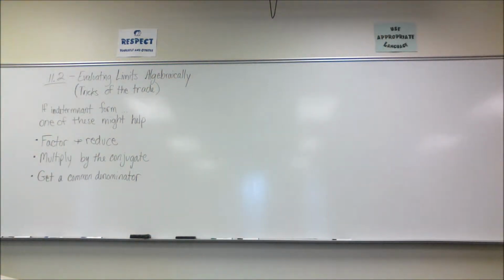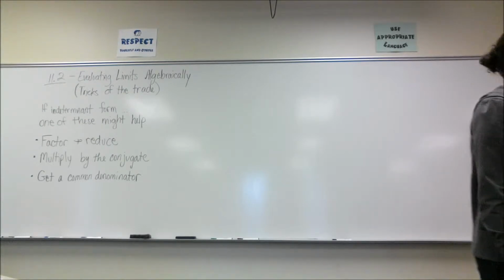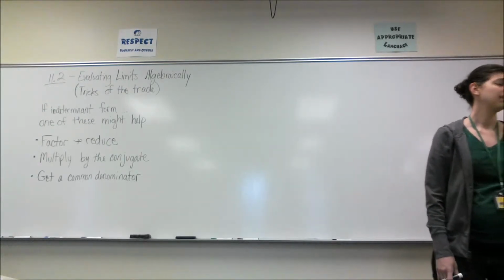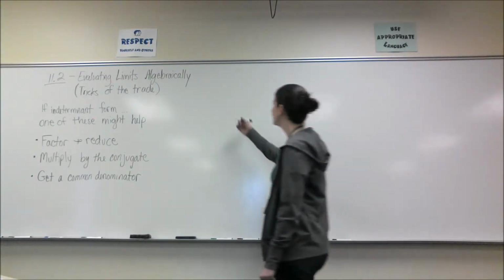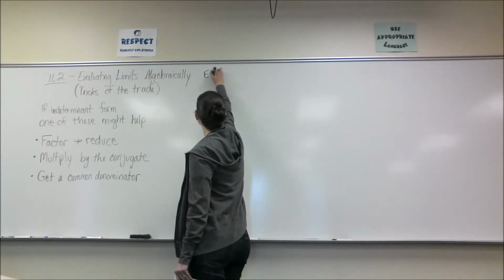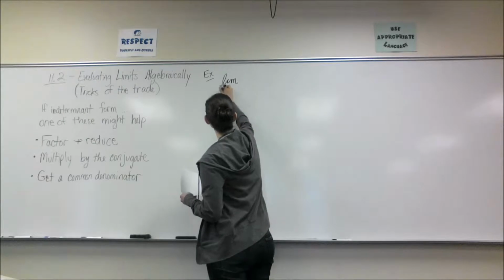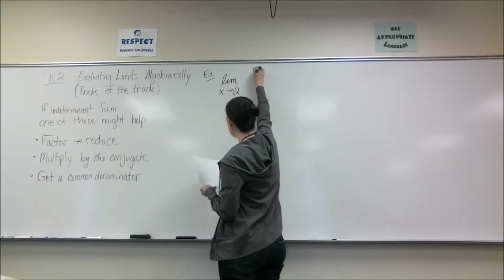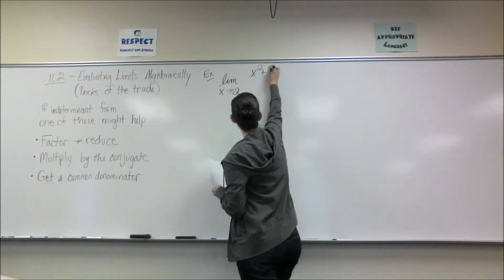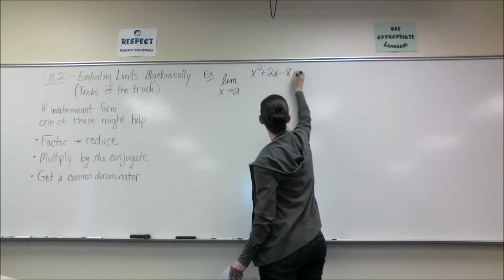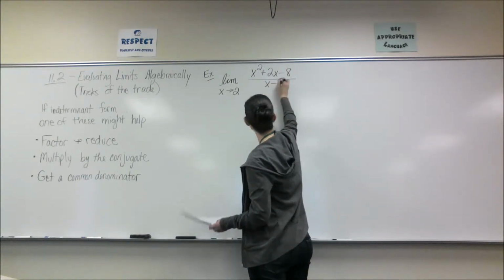If you get indeterminate form, you might want to try manipulating your equation, or your expression, I should say. For example, the limit as x tends to 2 of x squared plus 2x minus 8 all over x minus 2.